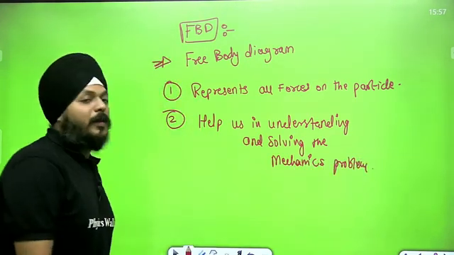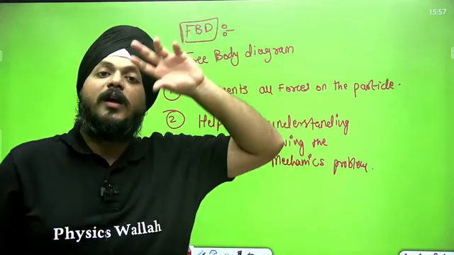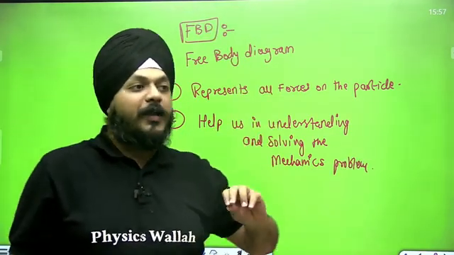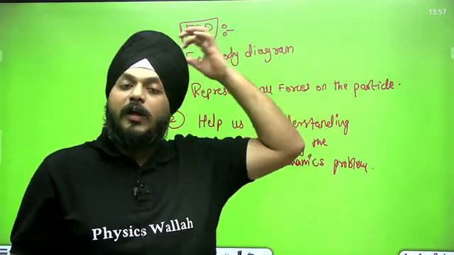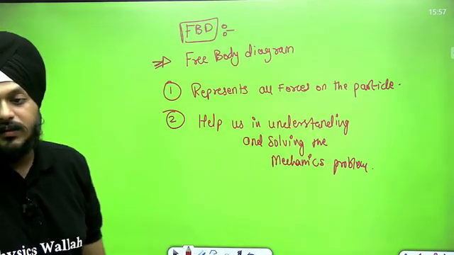Keep one thing in mind: the free body diagram should always be drawn for the individual system with its configuration, or the respective particle. If you draw the free body diagram of an entire system containing two or more particles, you are definitely going to get stuck.